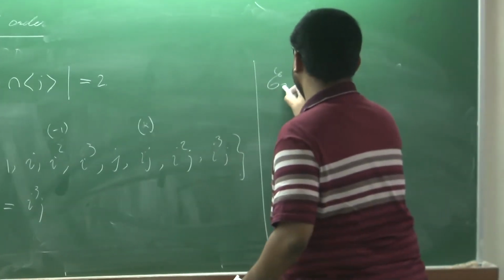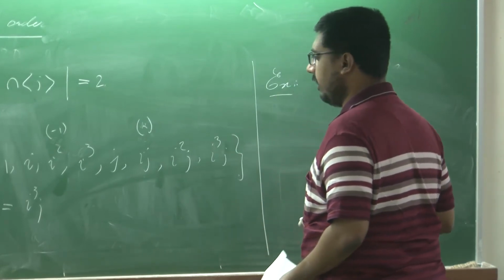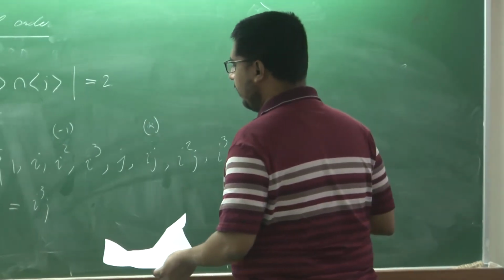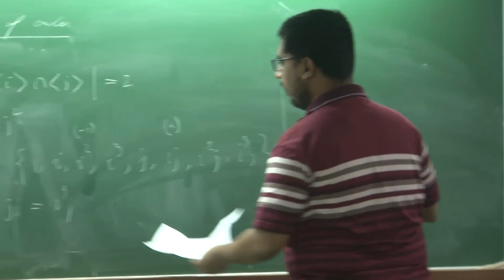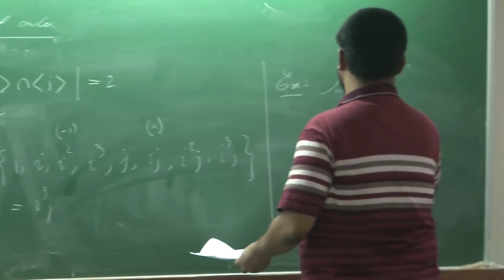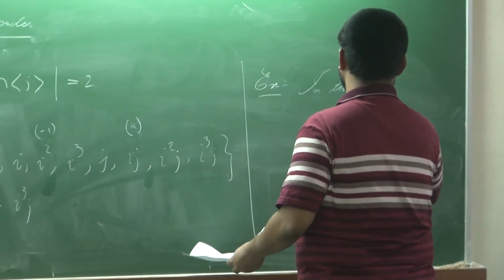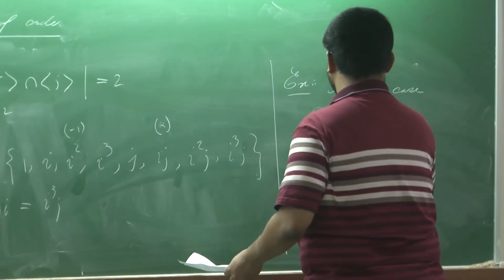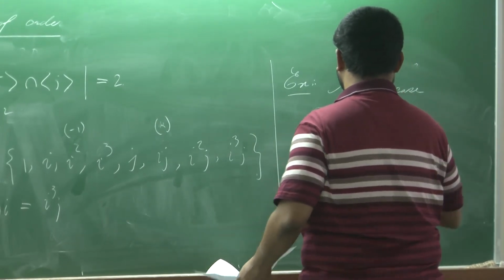The formalities I am leaving to you, that in this case G is isomorphic to Q8.